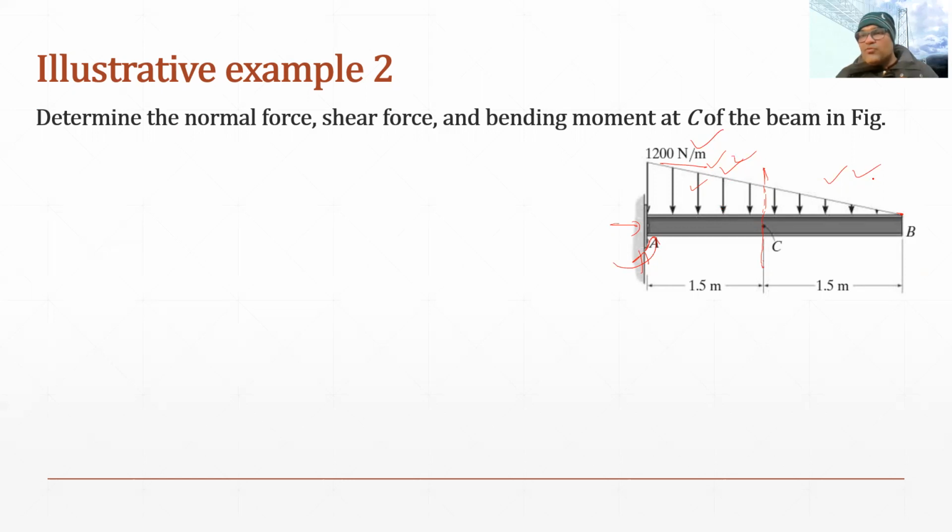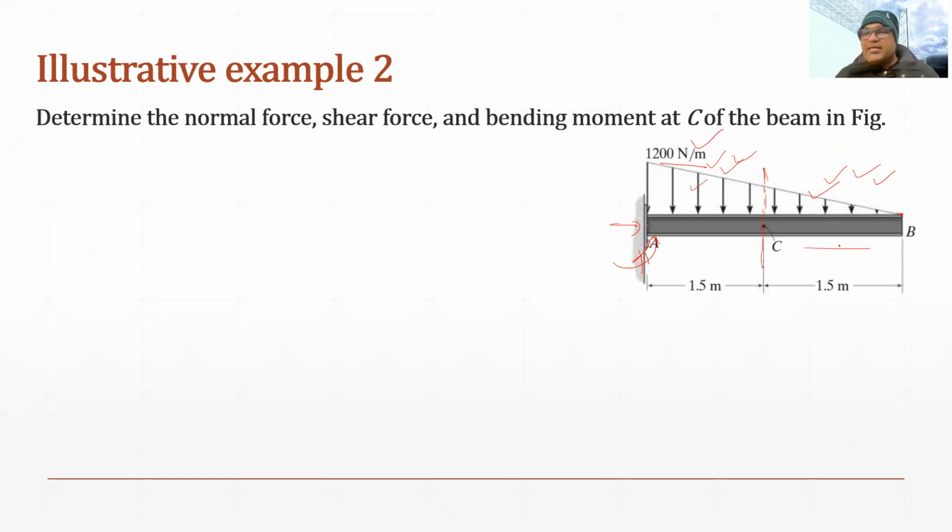While in case of the right hand segment, we will have the UVL load and 3 internal loads at point C, which means the total number of forces in the right hand side segment will be 4 only. So therefore, it will be wise if we take the right hand side segment.